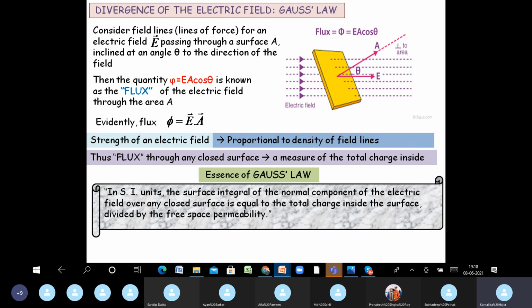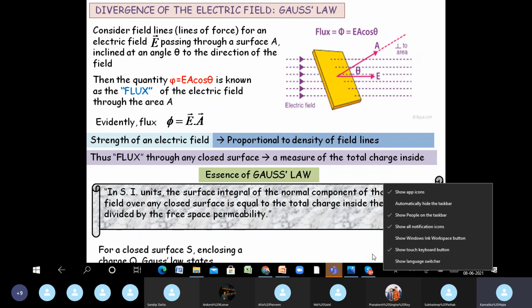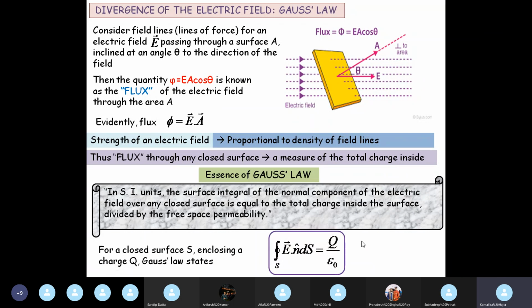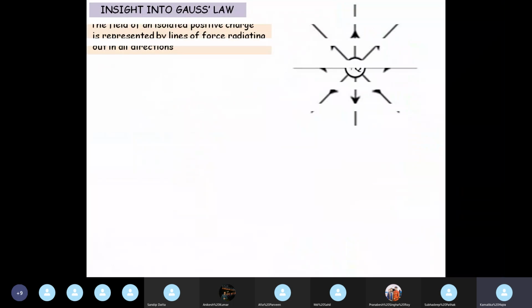This is the quote unquote language of the statement of Gauss's law. Now, if you want to state this law mathematically, the statement is closed surface integral E dot n cap dS equal to q by epsilon naught, where q is the enclosed charge.